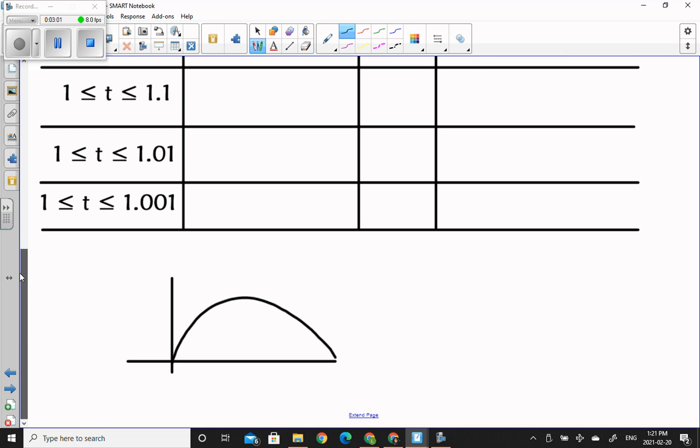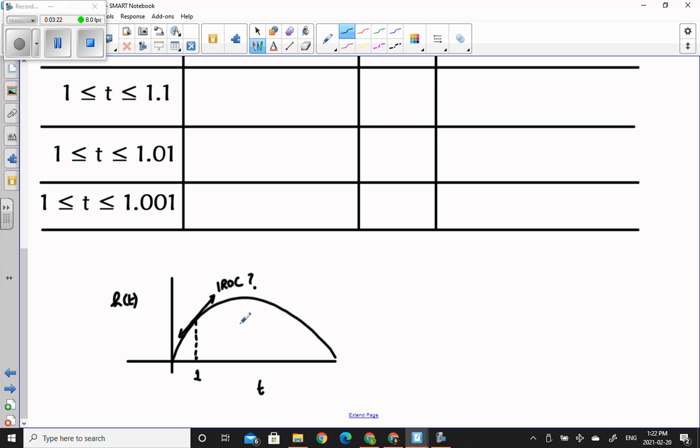This is our h(t), this is our t, and let's say this is 1 second, and we want to find the slope at 1 second. So we're trying to find the slope of the tangent line here. What would be the IROC at 1 second? That's what we're trying to determine.